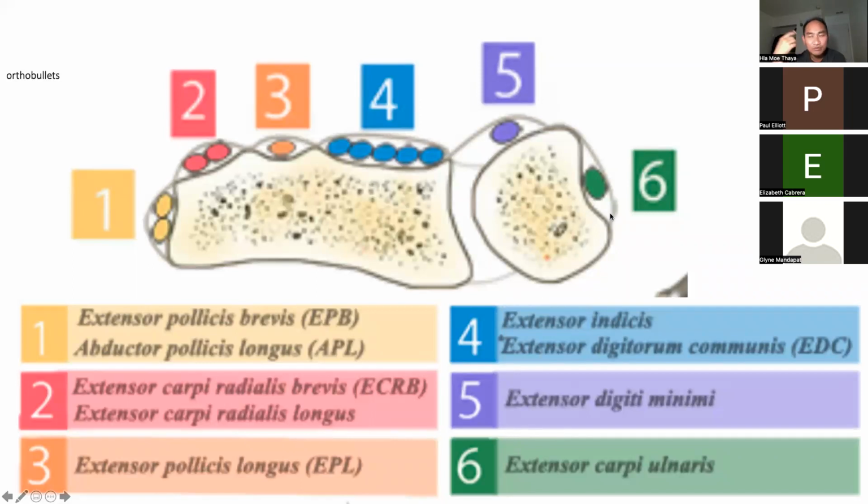So now we have to look at the names. We know that number 6 is on the most ulnar side, and therefore it will be called extensor carpi ulnaris. So it should go and attach to the carpal bone, and it is on the ulnar side, in the extensor compartment. And we saw the extensor digiti minimi, just an extensor tendon going to the little finger, digiti minimi.